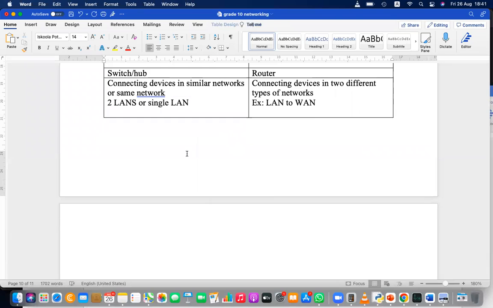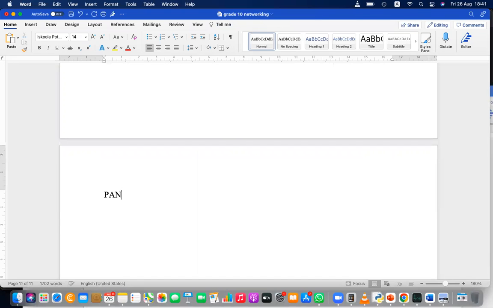According to your book, LAN is the smaller network, but actually PAN, or personal area network, is the smallest network, connecting two or more personal devices. This is for personal sharing purposes, not for a group.